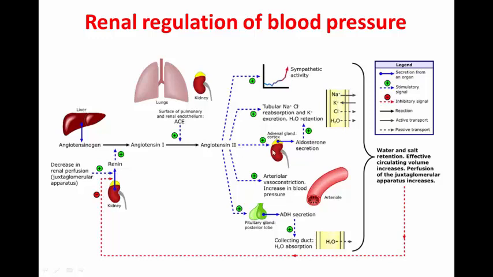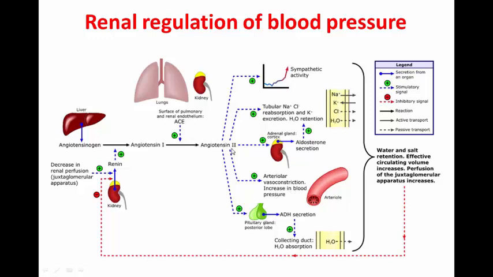Angiotensin 2 also acts on the adrenal cortex, releasing aldosterone. Aldosterone causes more reabsorption of sodium and chloride, and again water follows, hence more water retention, thus blood volume increases. Angiotensin 2 also acts on the smooth muscle cells of the arterioles, causing arteriolar vasoconstriction, hence the resistance increases and the blood pressure increases.